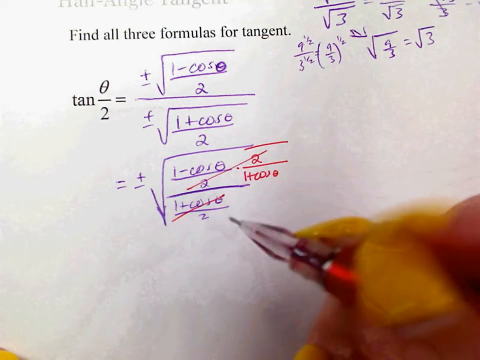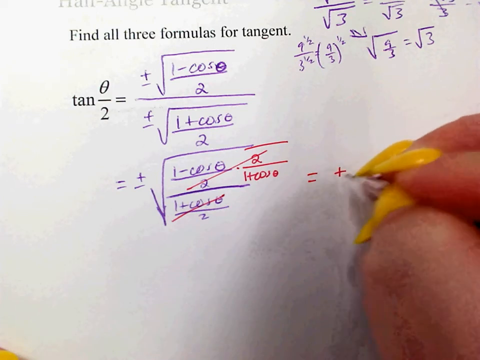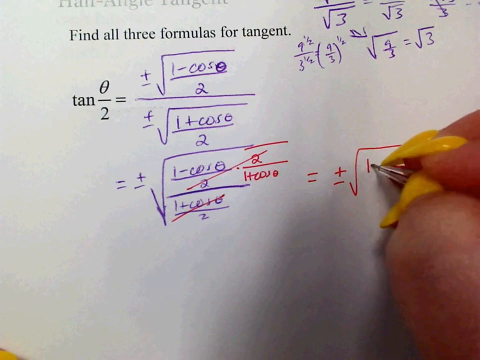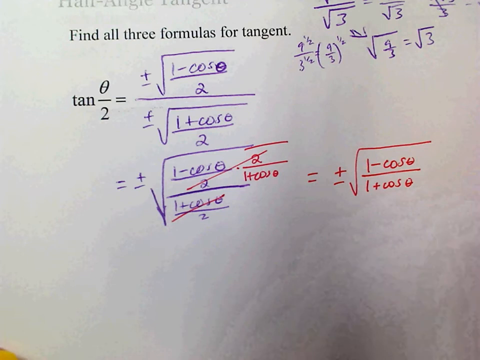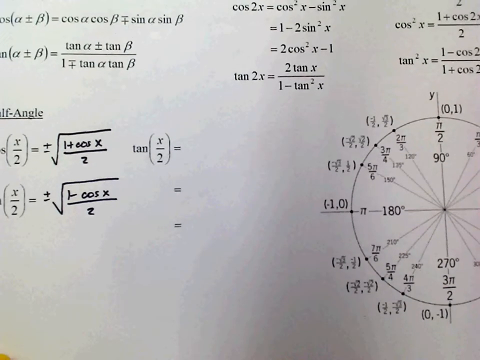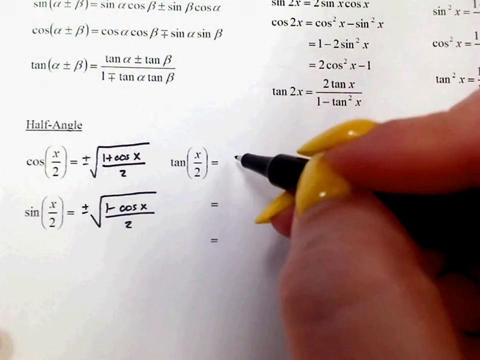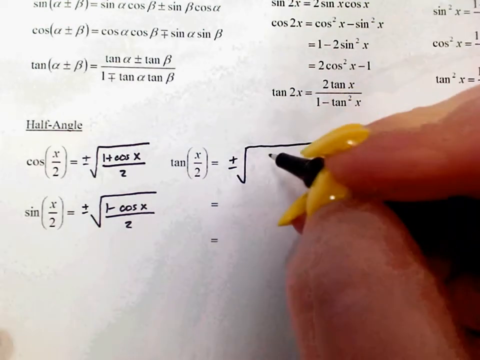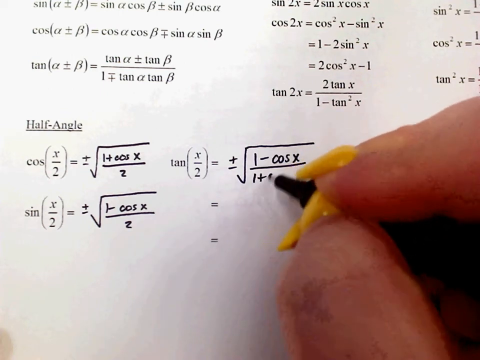So one of the tangent formulas is just plus and minus the square root of 1 minus cosine theta divided by 1 plus cosine theta. And so that's our first tan half-angle identity. There are 3 of them. So plus and minus 1 minus cosine x divided by 1 plus cosine x. Okay.